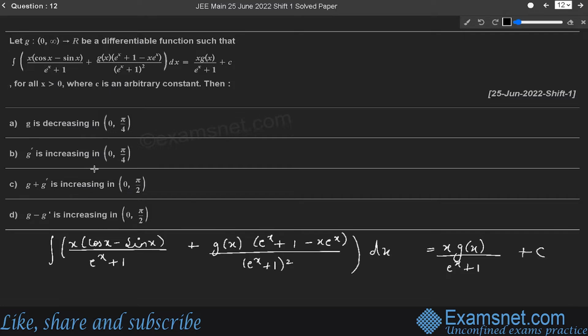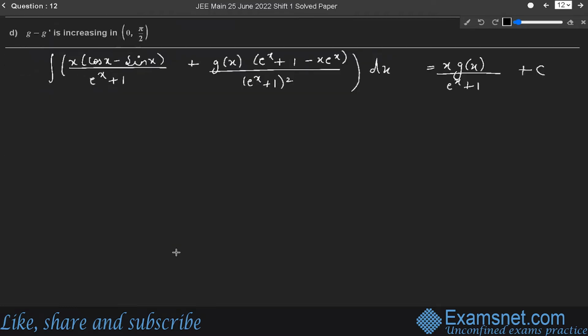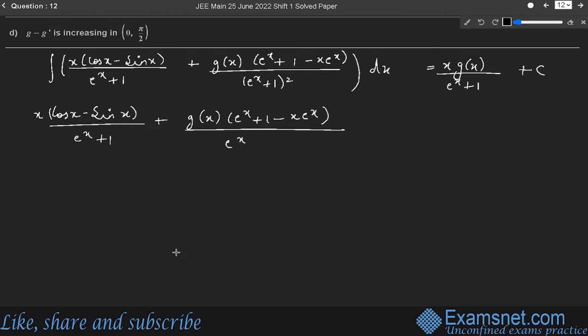Now on differentiating both sides with respect to x, we get x into cos x minus sin x divided by e^x plus 1 plus g of x into e^x plus 1 minus x into e^x divided by (e^x plus 1) whole square.